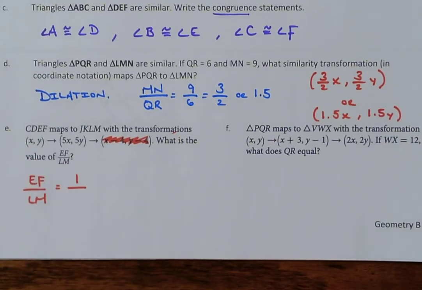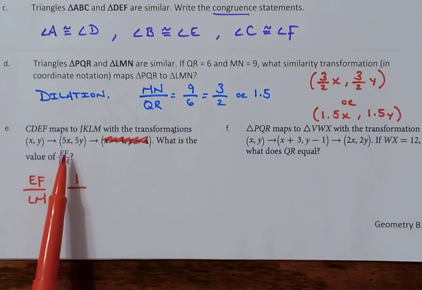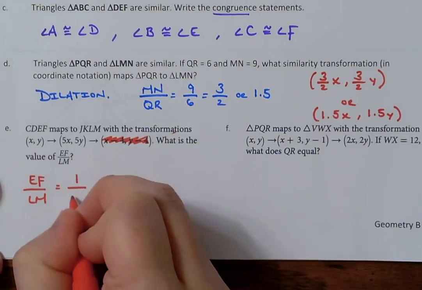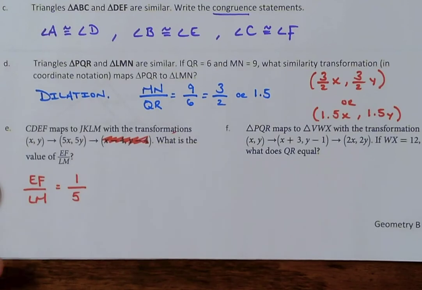And then for LM, because we had to multiply by 5, that means that we took that quadrilateral and multiplied it by 5. So this 1 goes to 5. And then that is our answer.